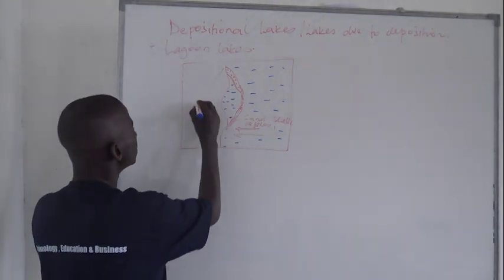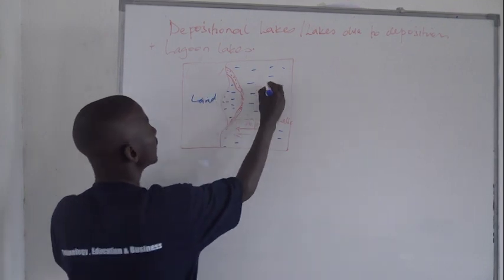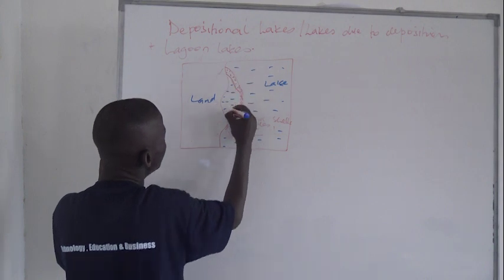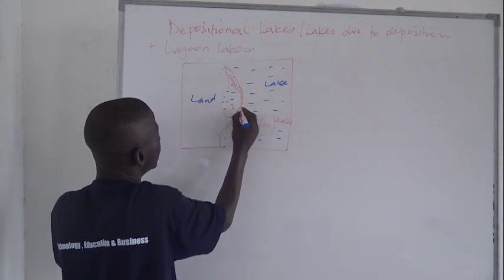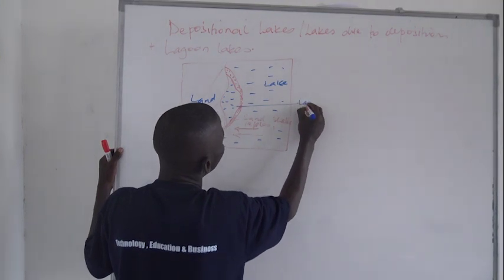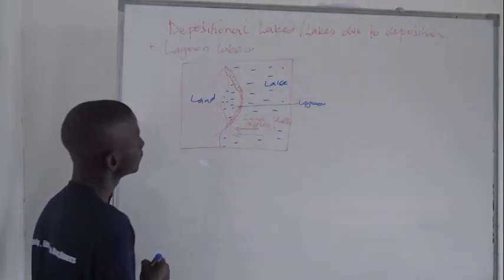And this is mainland, this is our lake. Now, this land that has been created, this water that has been blocked off here forms a lagoon.